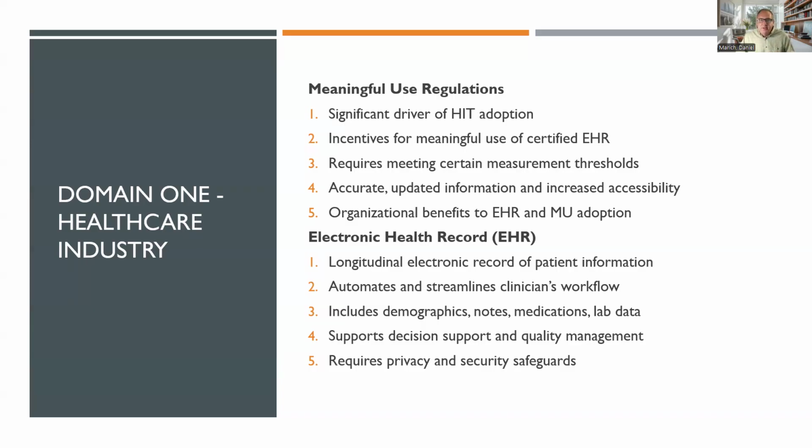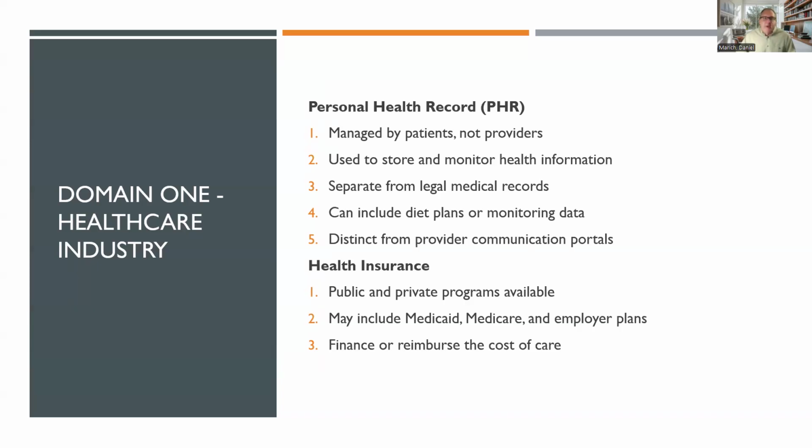Electronic health records, the EHR. They like to use the word longitudinal electronic record of patient of information because it's across all of the different providers of healthcare information, right? So it doesn't only include healthcare information, it's demographics, the notes, it's all in one central area. Then we get to protected health record, right?